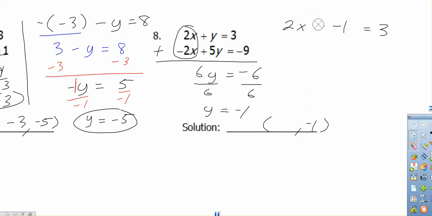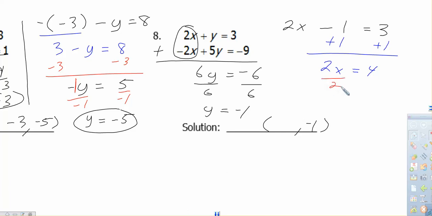I'm going to go ahead and write this as just minus 1. Now, adding 1 to both sides, we get 2x equals 4. Now if we divide by 2, we find that x equals 2. So our answer is 2 comma negative 1. Not a big deal to it.